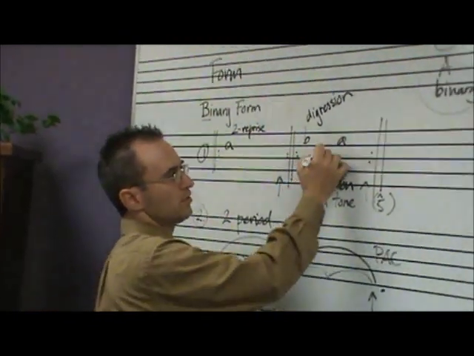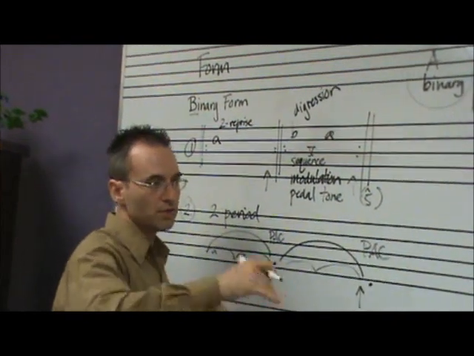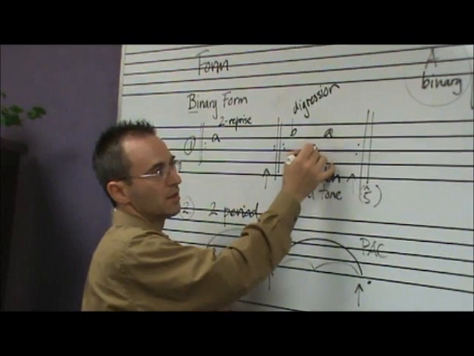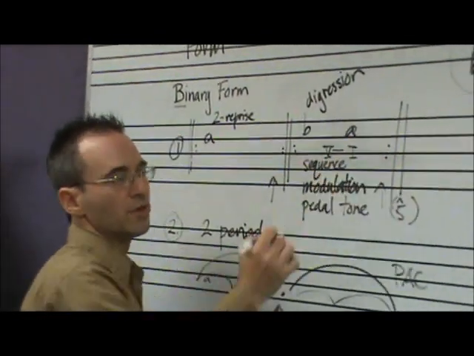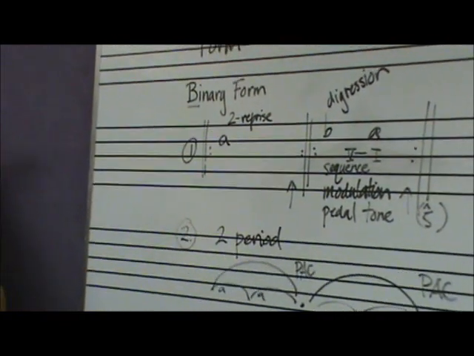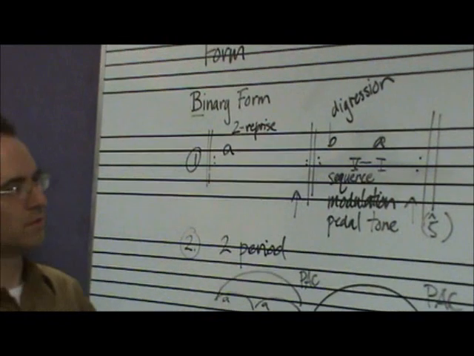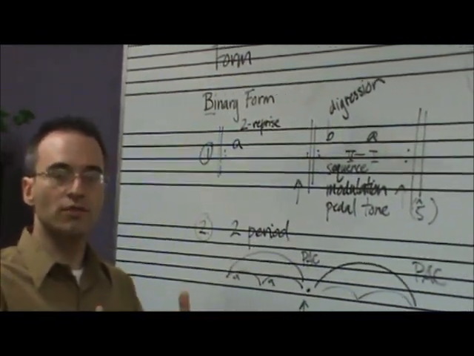Because at the end, you can move to 5 and maybe just have it as a pedal, so you've got harmonic change up above it, but you realize that you're elaborating the dominant, stretching it out for a chunk of time, all in preparation for a return to tonic there, when the A comes back perhaps. But that kind of pedal tone is building anticipation for the return of tonic.